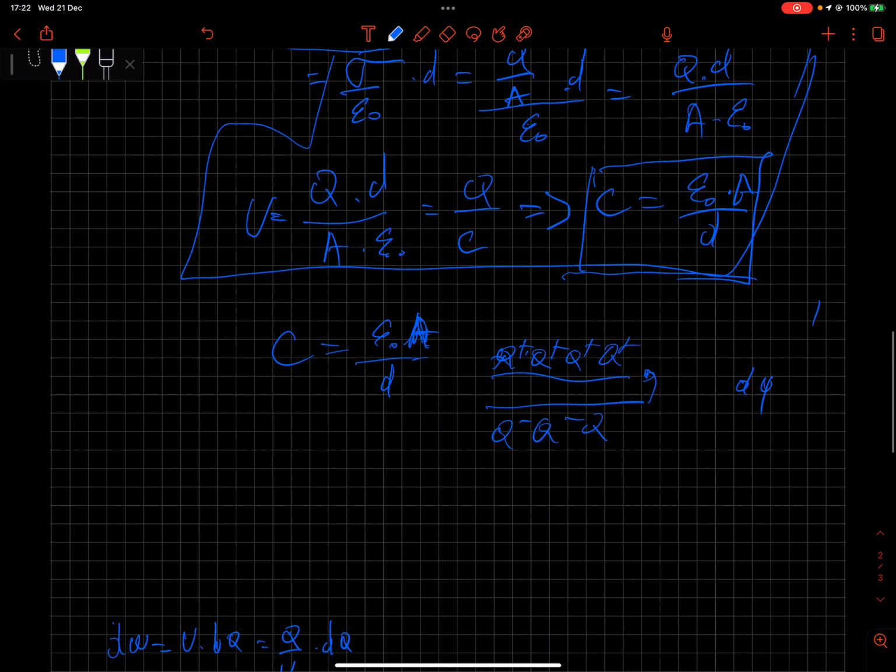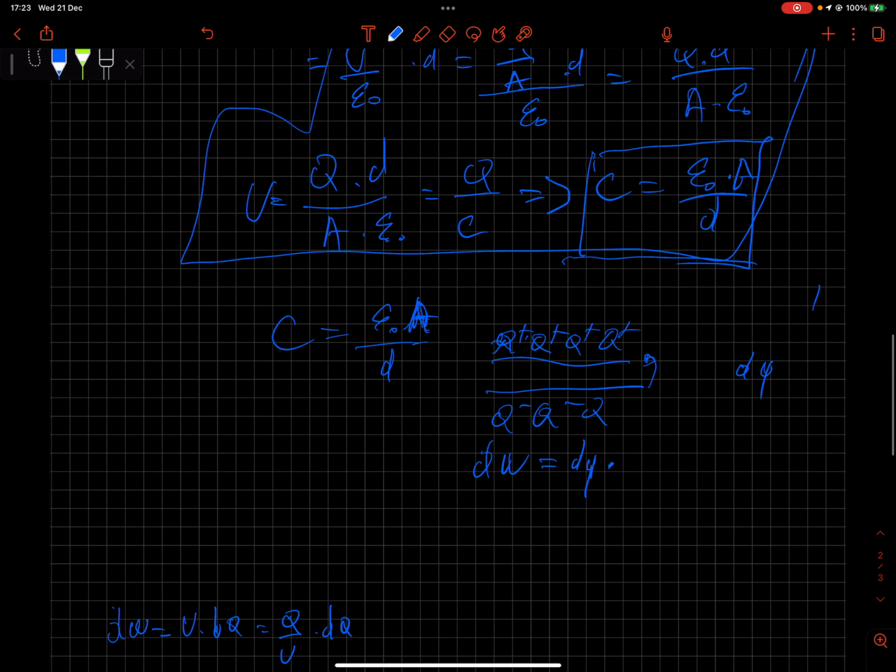Then we can write that the small amount of work that is done is equal to that small amount of charge that we transfer times the voltage at that moment between the plates.